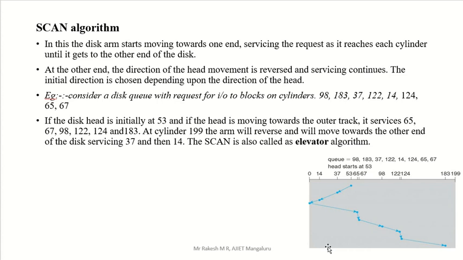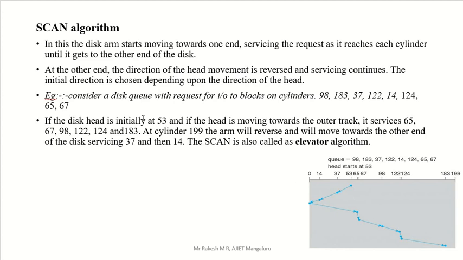Whatever requests are asked in between, just service them and go to the dead end. That is the thing. So we can call it an elevator. An elevator just keeps moving to the last floor, then comes back the other way, another elevator goes down, another goes up. So that is the elevator method. In between, whatever is there, we have to serve that.